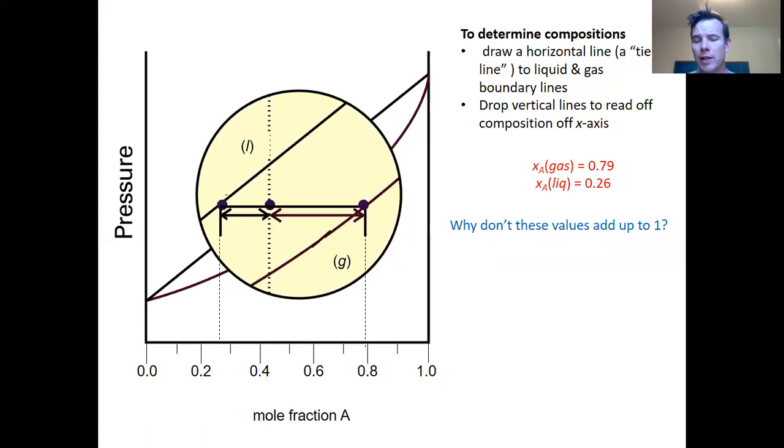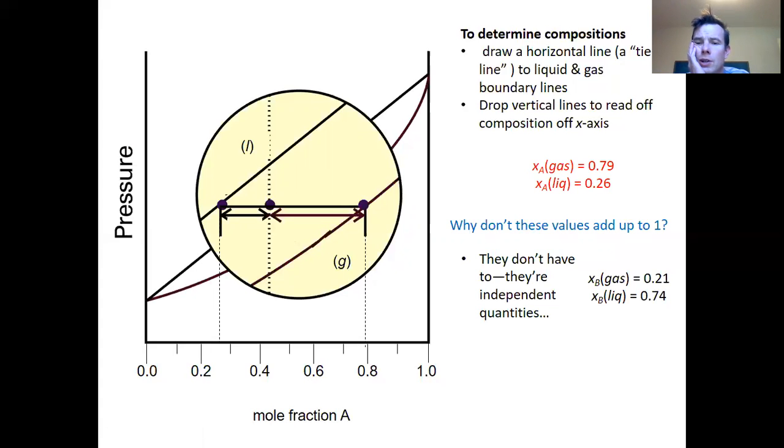Let me ask you some questions. Why don't these values add up to 1? Well, they don't have to, right? What has to add up to 1 is the total amount of A and B in a liquid phase.